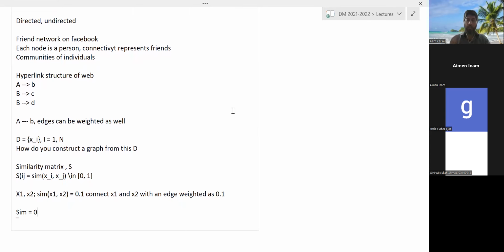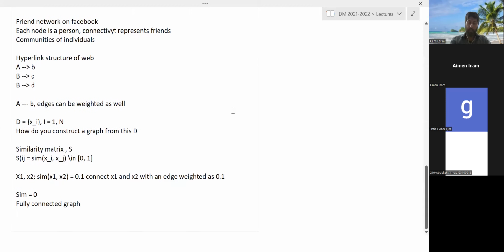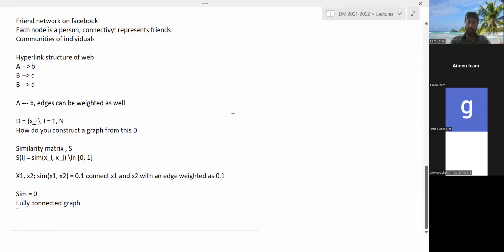You will have some similarity, 0.001, for example, in which case you will have an almost fully connected graph. Generally, the complexity of graph processing algorithms would explode with the number of connections between the nodes, so we typically like our graphs to be sparsely connected, or less than fully connected.